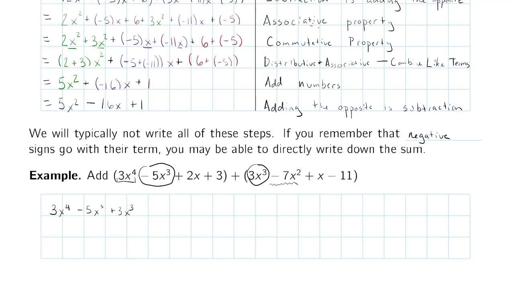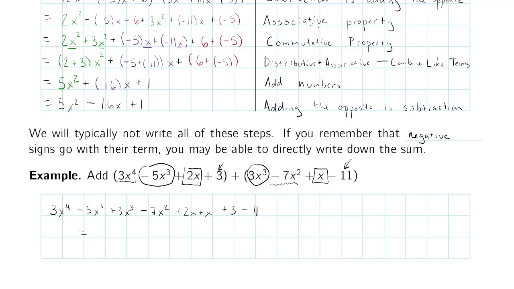I've only got one of those. So minus 7x squared. I'm going to collect just x terms. I've got two of those. So 2x plus x. And finally, I'm going to collect constant terms, plus 3 minus 11.